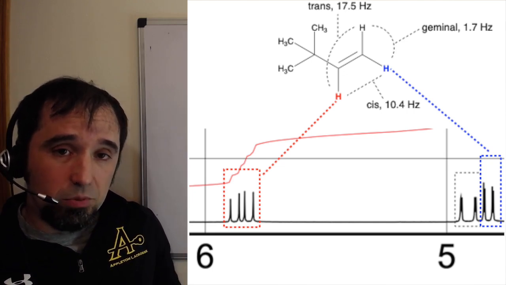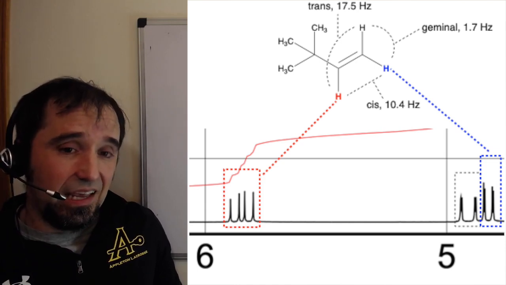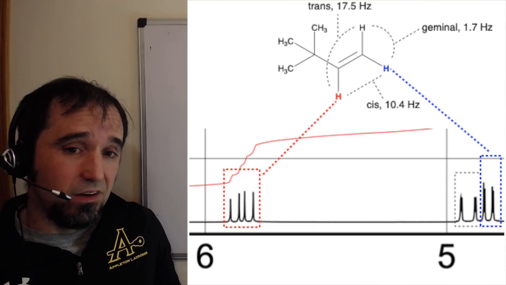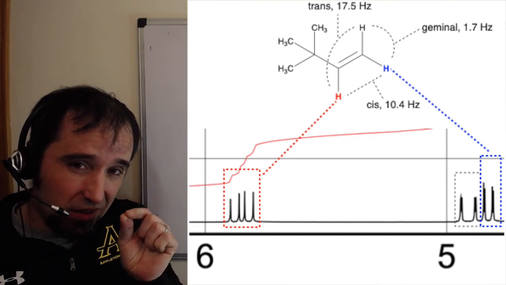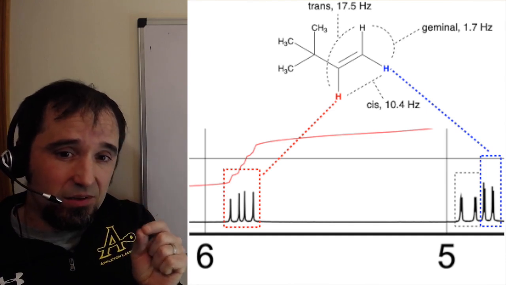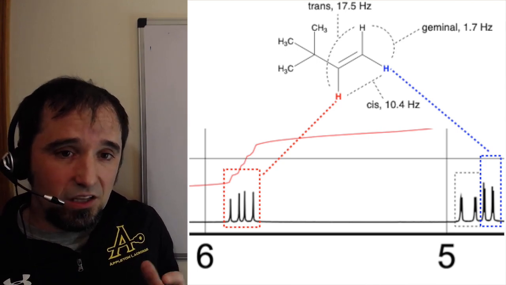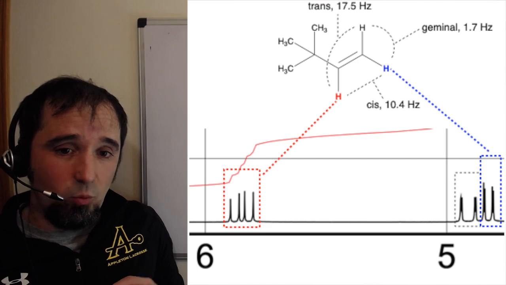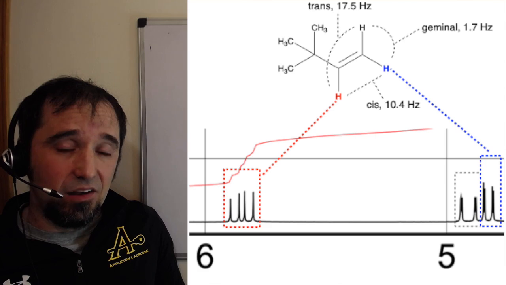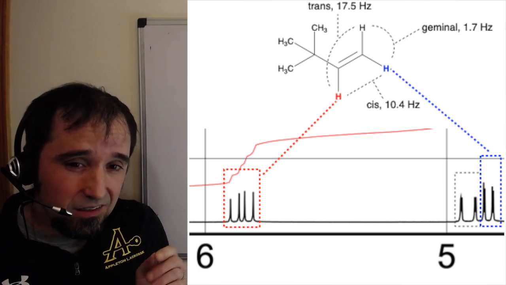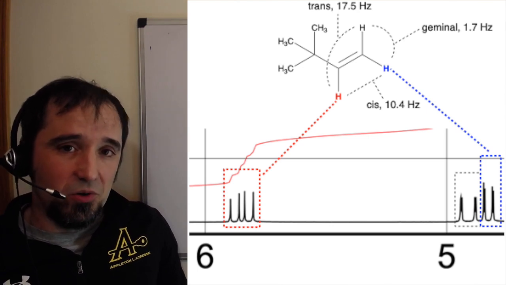If we look at the blue peaks on the far right side, now that blue proton has a cis partner, the red one, and a geminal partner, the black one. And so we see a teeny tiny coupling constant, that's the geminal coupling, and then we see a medium coupling constant for the cis coupling. Then finally, between them is that black proton. It's got one big coupling constant because it has a trans partner, and it has one teeny tiny, can barely see it, little flare of a coupling constant because it has a geminal partner.